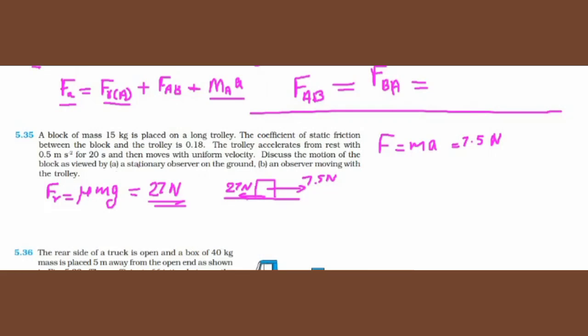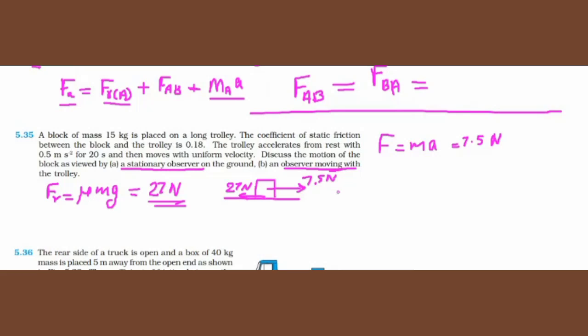So for the stationary observer, as the friction is greater than the applied force, the block will remain there. And for the observer moving with the trolley, irrespective of friction, he may not notice the friction, he is also moving with the trolley. The block will remain there. In such situations, usually we explain the block remains there because of a pseudo force.